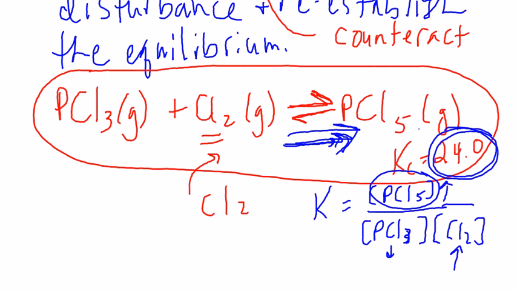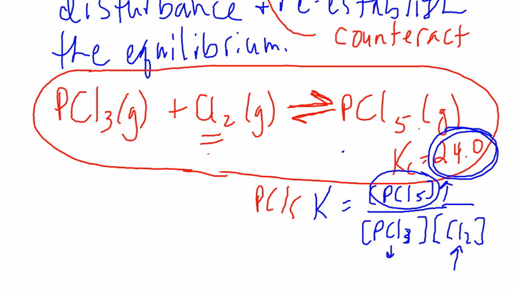Let's say that was not the disturbance, but let's introduce a different one. If your disturbance were to increase the PCl5 concentration by injecting more PCl5 into the system, the equilibrium would shift, that's right, to the left.